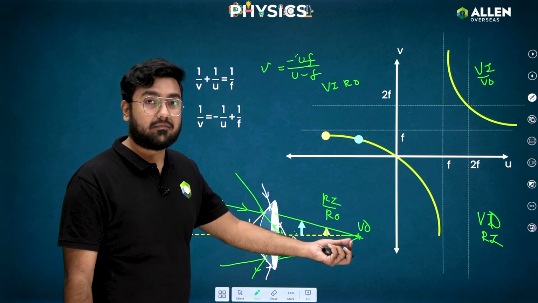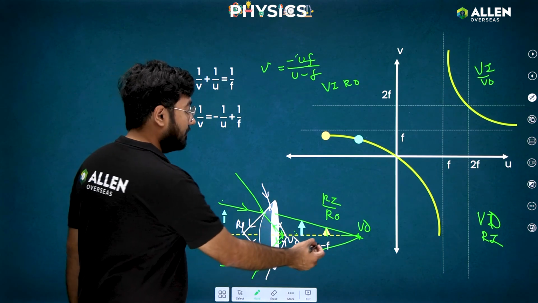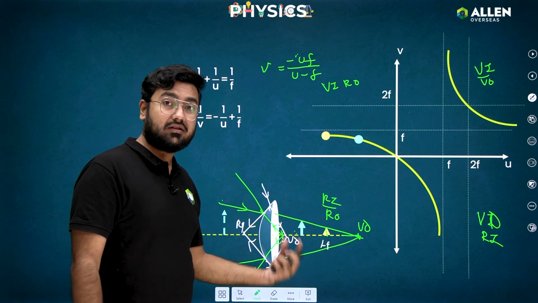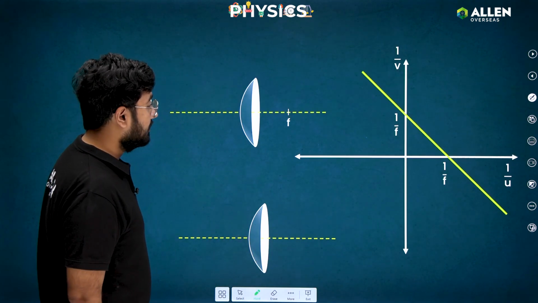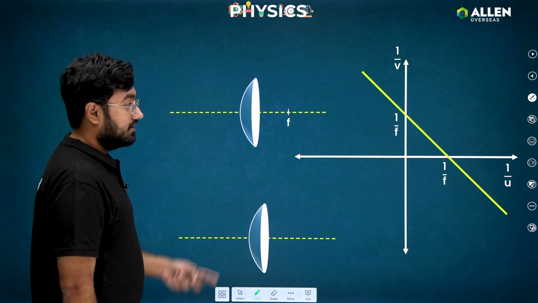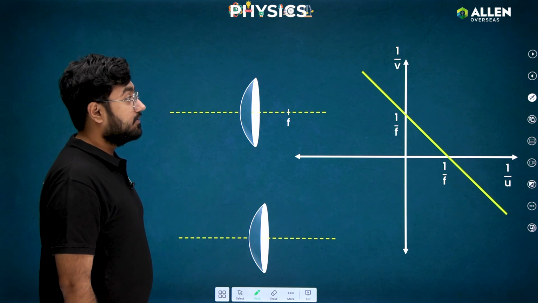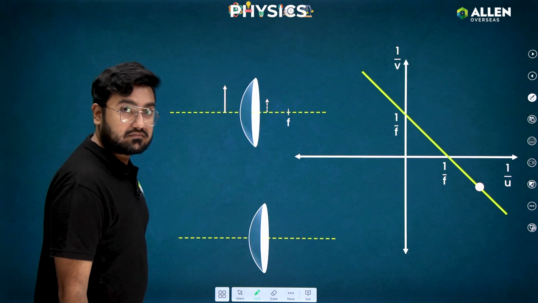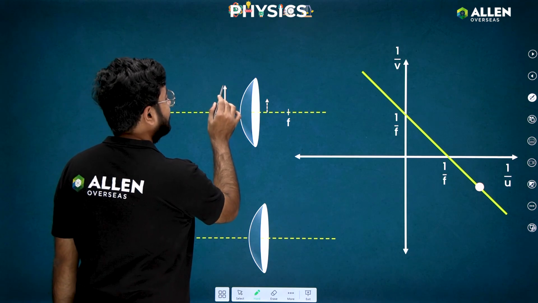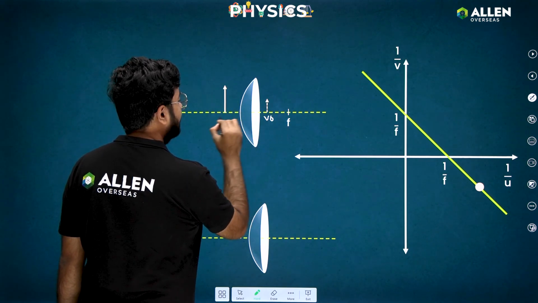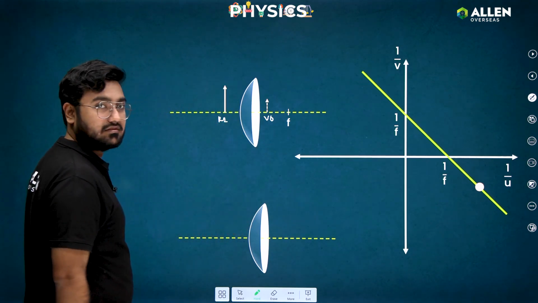If it is beyond F or before F. This is plus F. 1 by V and 1 by U curve look something like this. So you have a virtual object and real image for that thing.